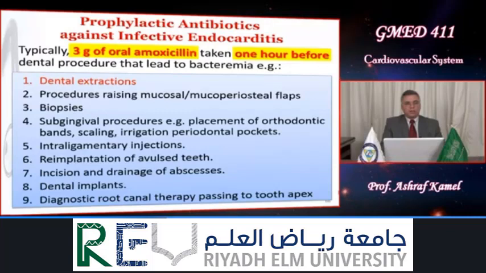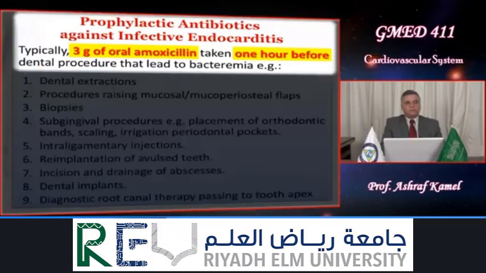The first one, the dental extractions, procedure raising mucosal mucoperiosteal flaps, biopsies, subgingival procedures like orthodontic bands, scaling, irrigation of periodontal pockets, intraligamentary injections, reimplantation of avulsed teeth, incision and drainage of abscesses, dental implants, and diagnostic root canal therapy passing down to the tooth apex.